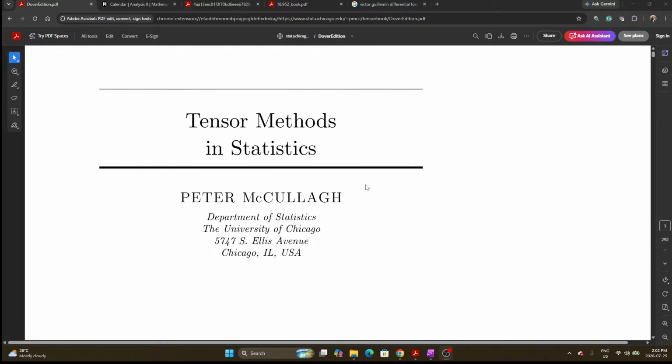So let's get started. Before we begin, I would like to read this little piece of writing by Peter McCullagh. I think he's still alive. I'm not sure. He did phenomenal work in statistics.